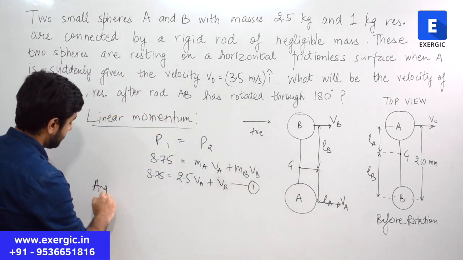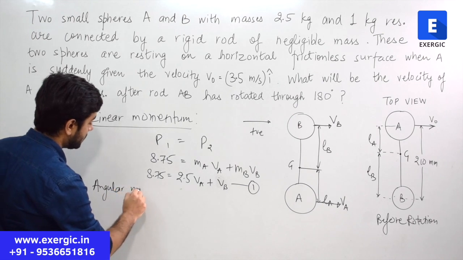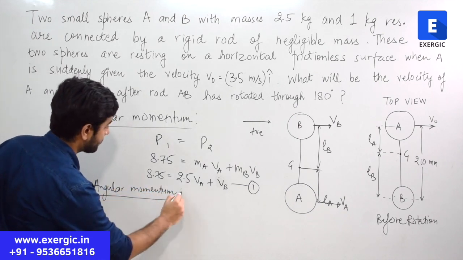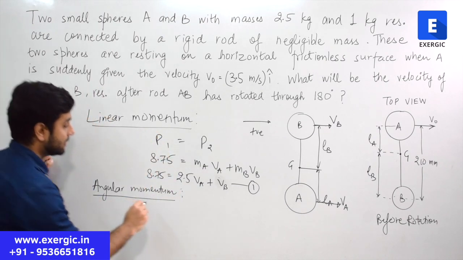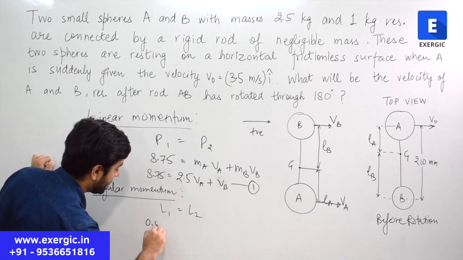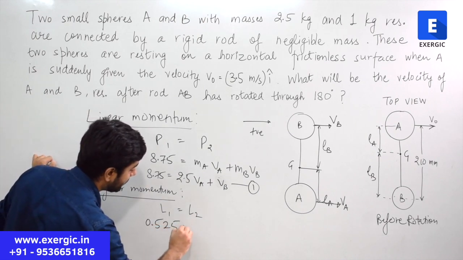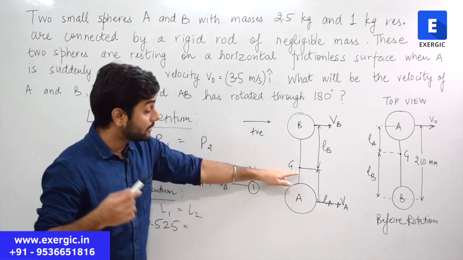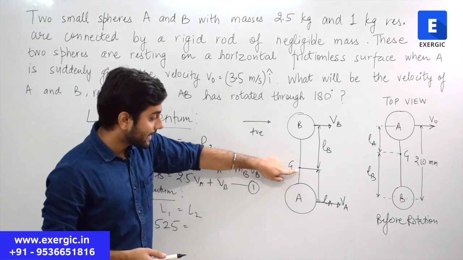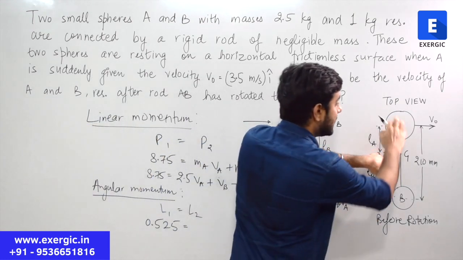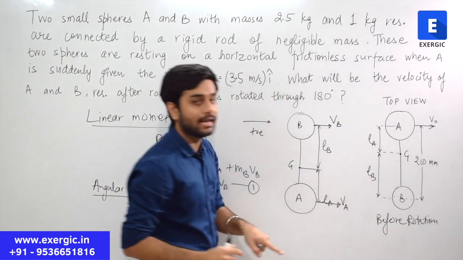Similarly, for angular momentum also, the initial value will be same as the final one. Initial one was 0.525, right? And final value of angular momentum will be again taken about this point G. Initial value was also taken about G, MA V0 multiplied by LA.